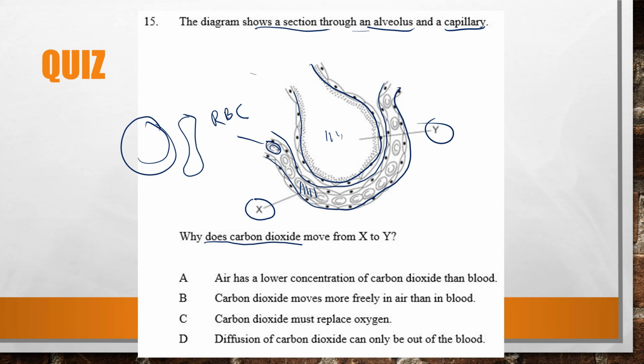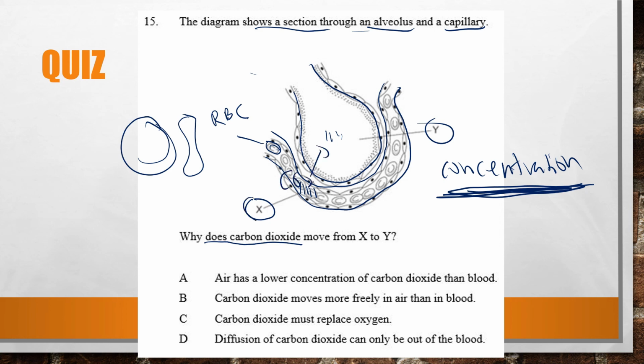So dekat sini, keyword dia adalah untuk sesuatu benda itu bergerak daripada suatu tempat ke suatu tempat, kita kena tengok concentration dia. So in this case, we can say that untuk carbon dioxide dekat X ini masuk ke sini, mestilah dekat X ni dia punya concentration of carbon dioxide mestilah tinggi dan concentration dekat Y, the CO2 concentration at Y must be lower.